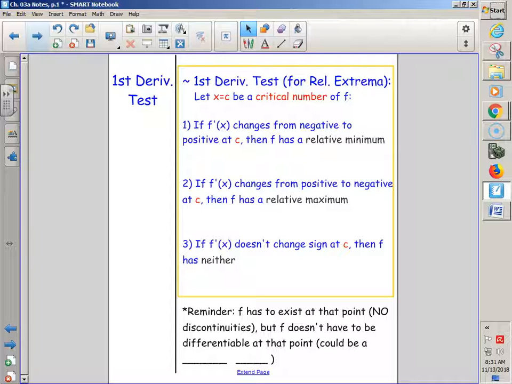Get a sign chart, and we look at f prime signs, f's behaviors, and we identify, oh, hey, there must be a min, or oh, hey, there must be a max, or oh, hey, it looks like there's one, but there's not, because there's a vertical asymptote. Gets a little tricky there sometimes.